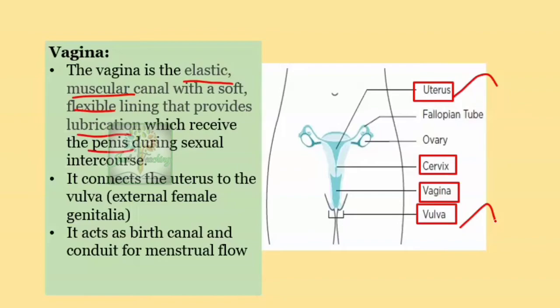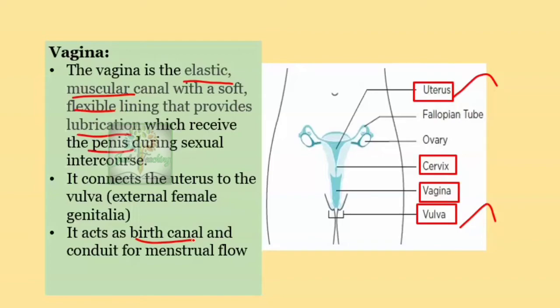The most important thing is that the vagina acts as a birth canal. What do you mean by birth canal? The cervical canal along with the vagina together forms the birth canal. I repeat, the cervical canal along with the vagina forms the birth canal. Why do we call it a birth canal? Because through this vagina the delivery of the fetus takes place.